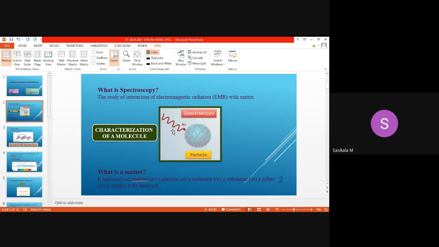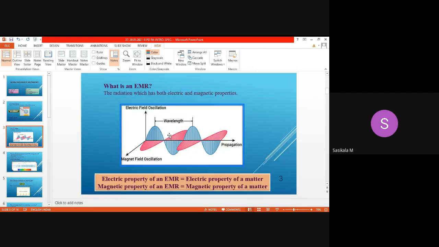Atoms are composed of a nucleus, which has protons, and around it electrons, and neutrons. These electrons are responsible for creating the electric field, and that electric field of a matter will interact with the electric property of an EMR. This is how the interaction takes place between EMR and matter.